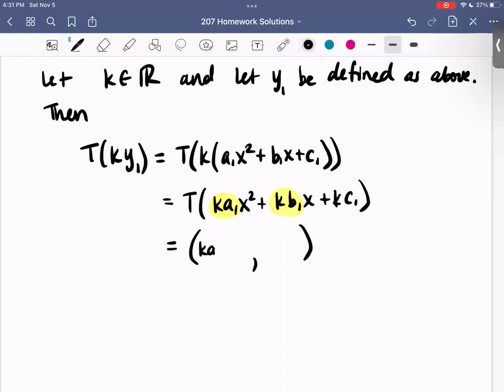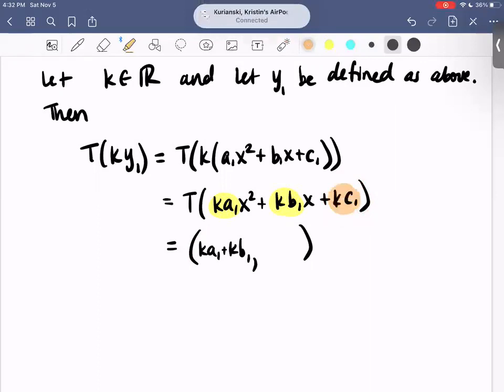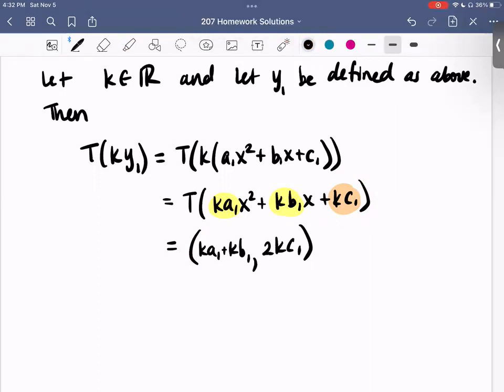So I get ka1 plus kb1. And then the second component is 2 times whatever is sitting over here. I was highlighting that with orange earlier. So this is 2kc1.